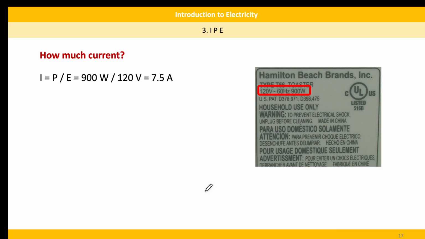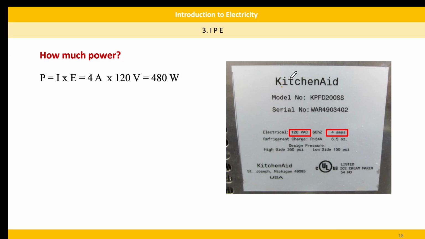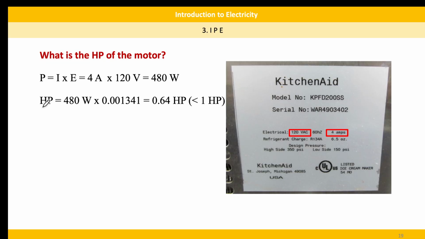And some samples from real world equipment. Let's see this one, very common, right? If you want to see that, you can just look for the label on your home equipment. You can find this, like 120 V, this voltage, 900 W is P, so you can get I, P divided by E. And like this one, kitchen appliance, I don't know what's the exact equipment, but this is very common, okay? 120 V, and then you can know the current I, so you can get the P. And do you remember what is HP?